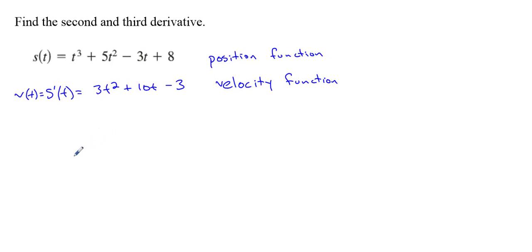Okay. Let's find v prime of t. And actually, I'm going to move this over a little bit. V prime of t, which is equal to s double prime of t, right? Second derivative of position. And what is this?